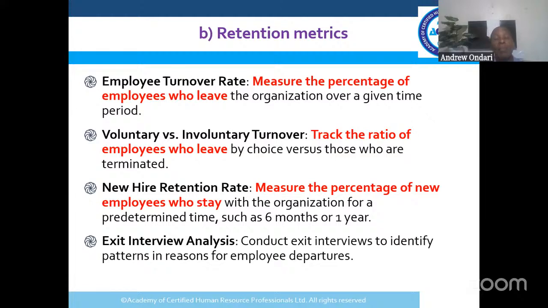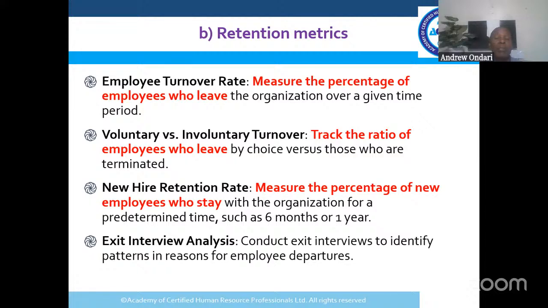Both of them have negative consequences, but we could be worried if there are so many people who are leaving voluntarily compared to those who leave by termination.